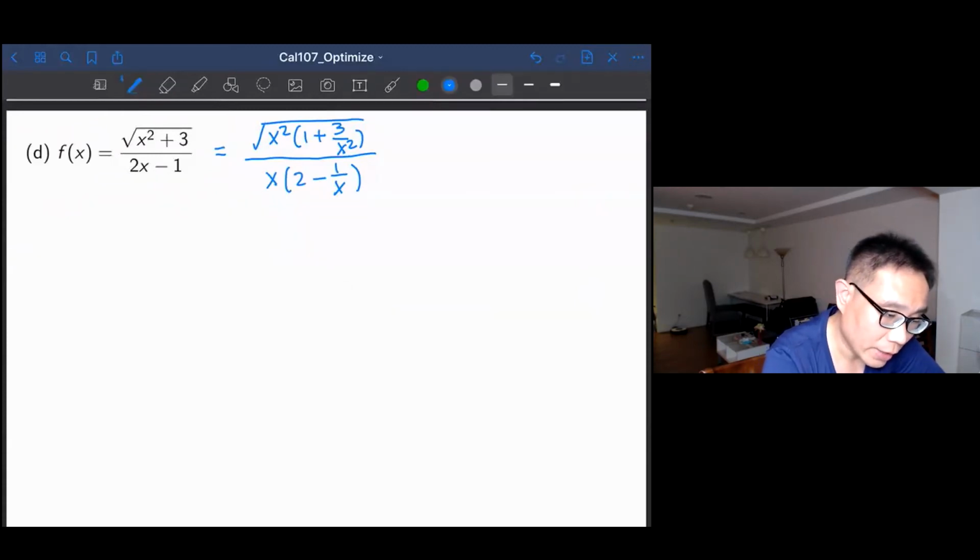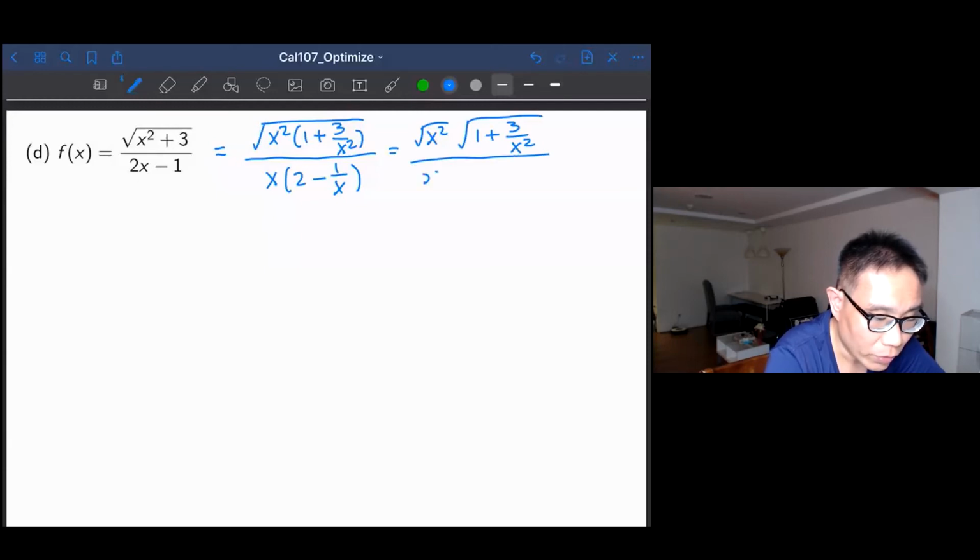On top, it's going to be the square root of x squared, times the square root of 1 plus 3 over x squared, and you have x times 2 minus 1 over x.